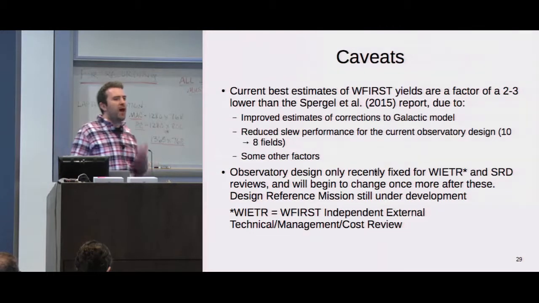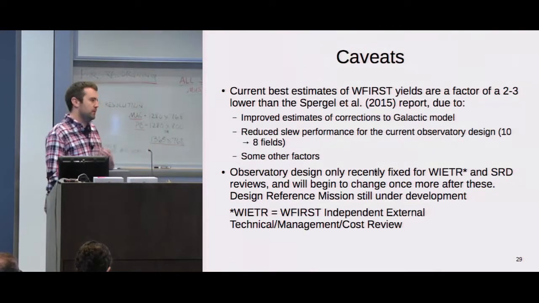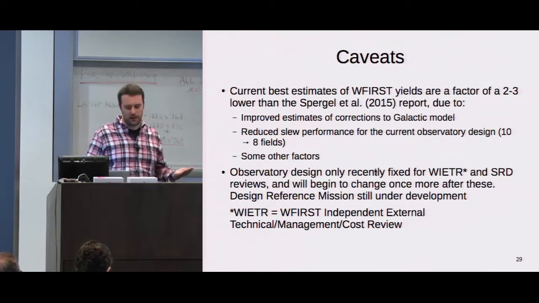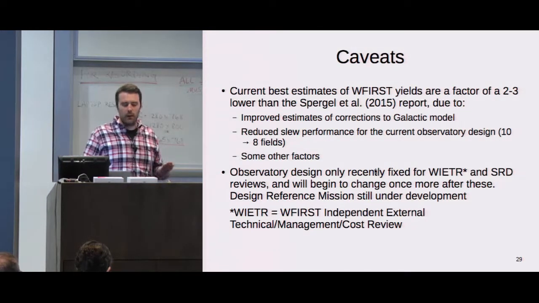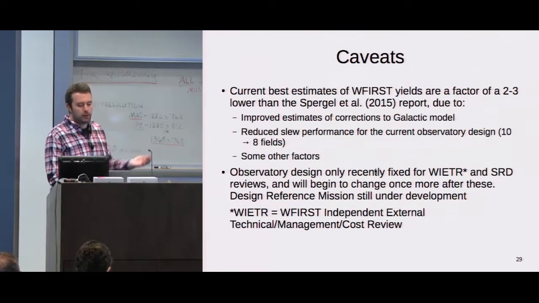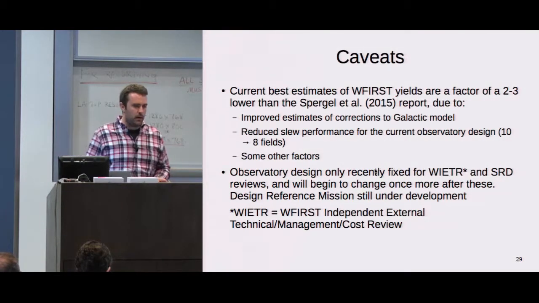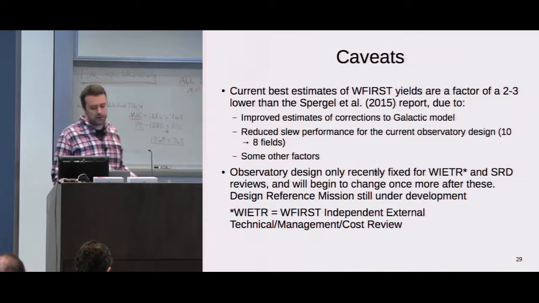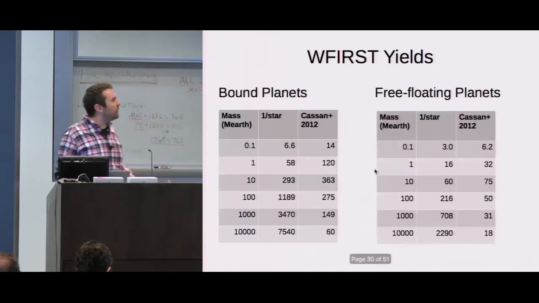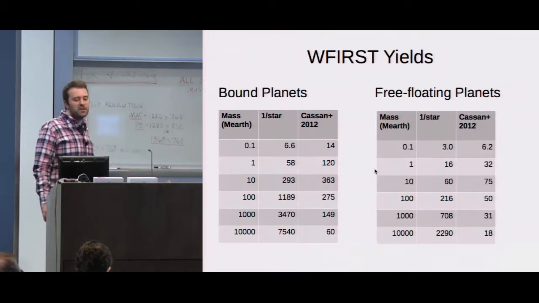There are a number of caveats with these simulations. The design is constantly changing at this stage, and there are a number of physical uncertainties in the properties of the galaxy, and then you need to worry about the planet populations as well. So the numbers are always uncertain, but they give you a good idea of what you can achieve.